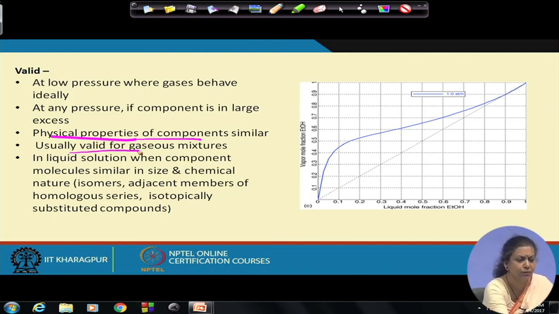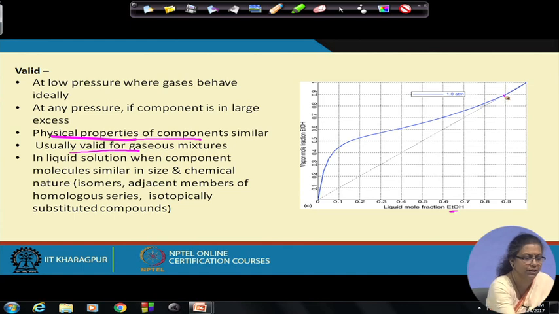This is evident from this particular figure, where I have plotted the vapor mole fraction as a function of the liquid mole fraction. What do I find? We find that when the mole fraction of this particular component is close to 1, more or less the Lewis-Randall rule is valid under this condition.